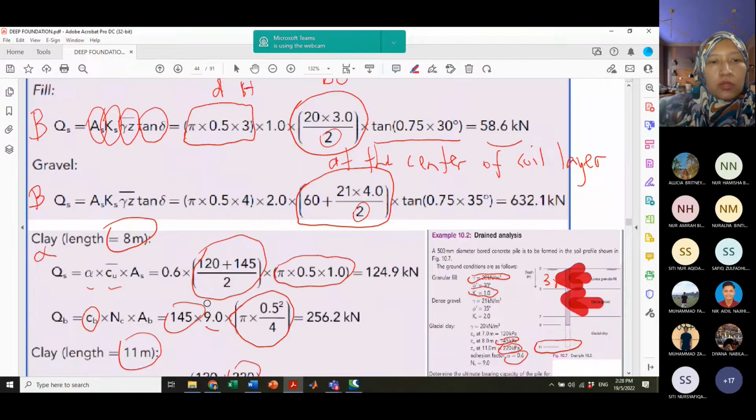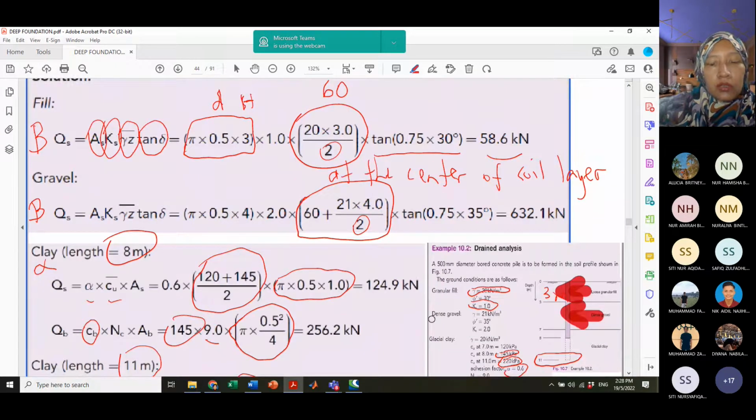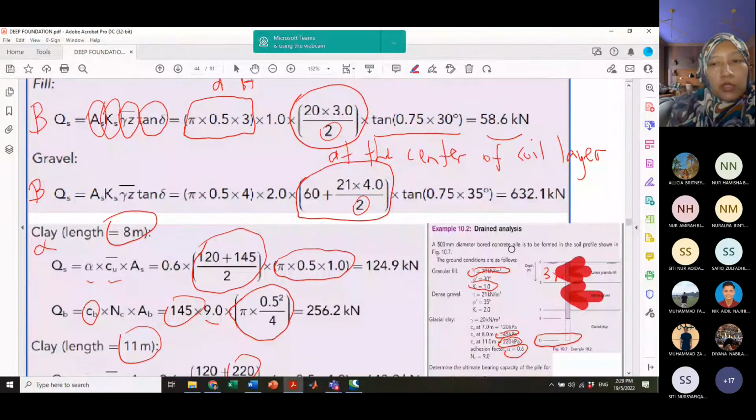So when you go further in doing the analysis, first of all we estimate QS for the fill. The formula is AS, KS, average overburden pressure, tangent delta. In this case, the area is pi DL, where L refers to the thickness of the pile in that particular layer.